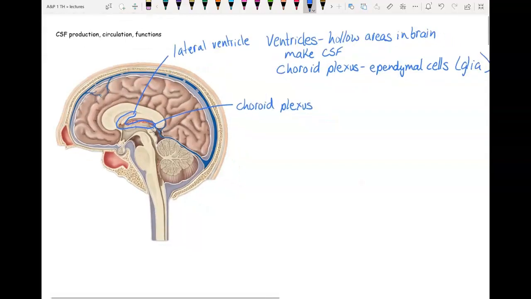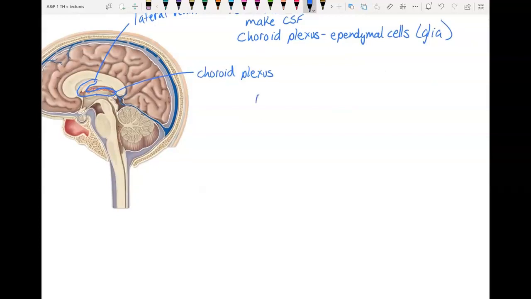So blood flows into the choroid plexus. And as it does, the ependymal cells select components of the blood that they want.